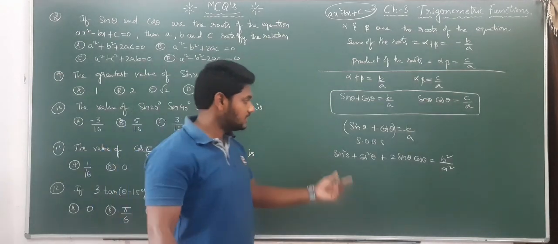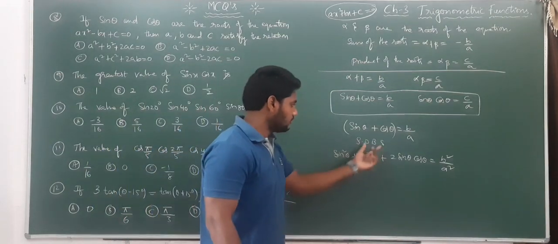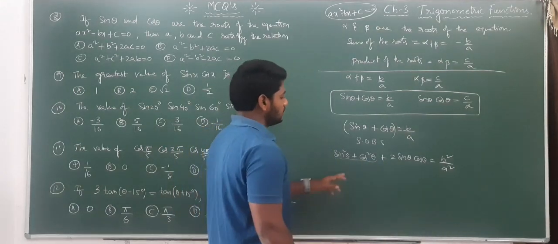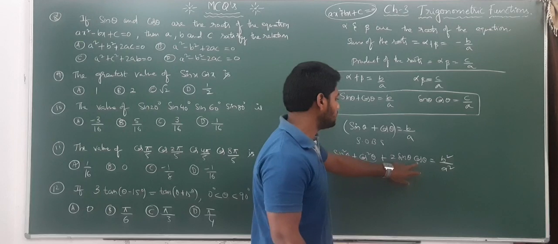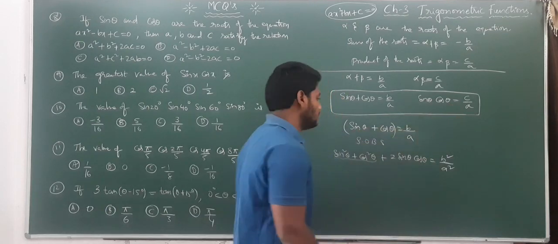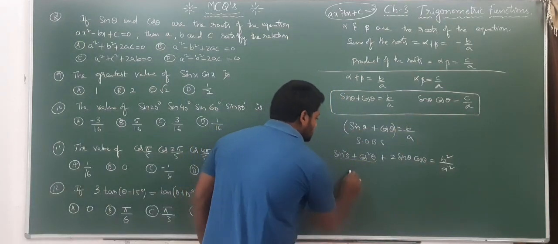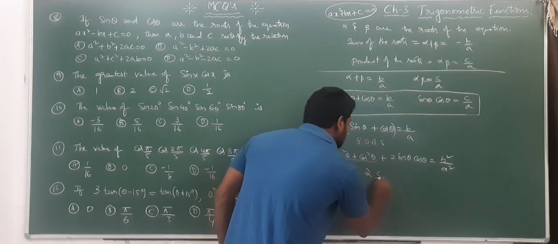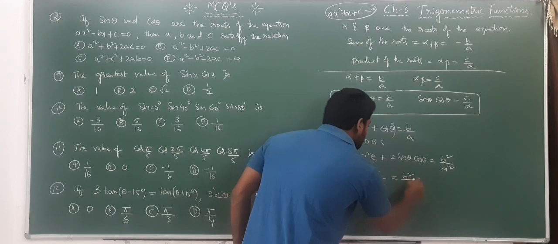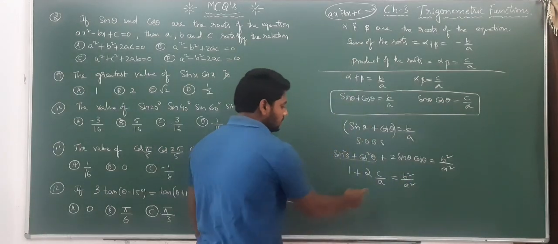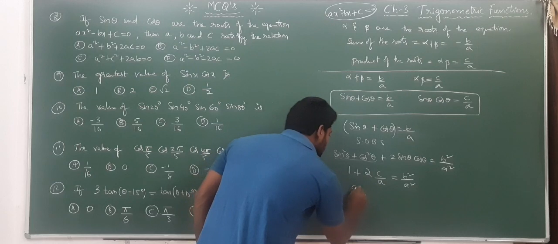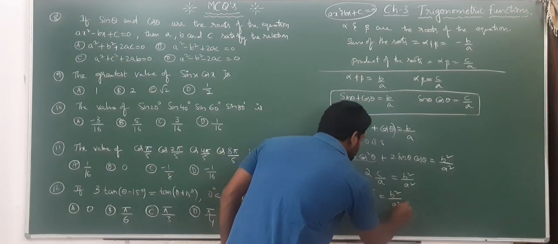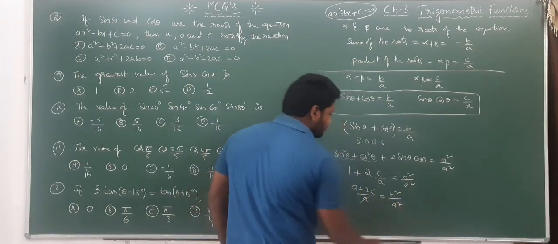Why I have considered this equation means, if you do squaring on both sides, you will get sin square theta plus cos square theta, and again sin theta cos theta, which you can also substitute. So sin square theta plus cos square theta is equal to 1, plus 2 into sin theta into cos theta, which is nothing but 2c by a, which is equal to b square by a square. Here a and a square cancel.